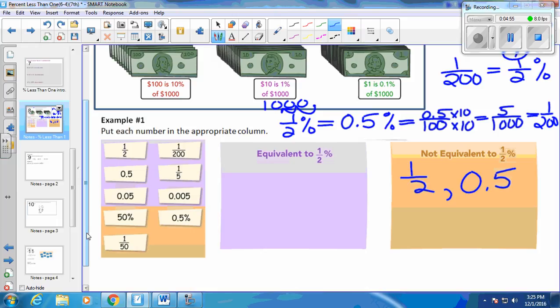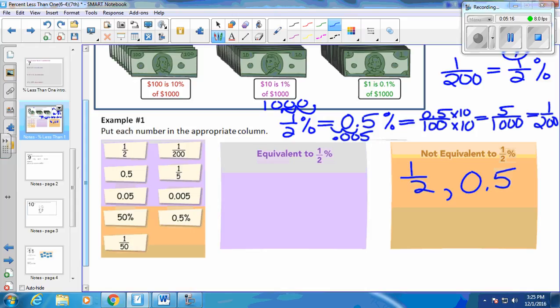The only one that we have not done, technically, is figuring out what 5/10% is as a decimal. If I take 5/10% and divide it by 100, I'm moving that decimal 2 places to the left. So it's also equivalent to 5 thousandths.